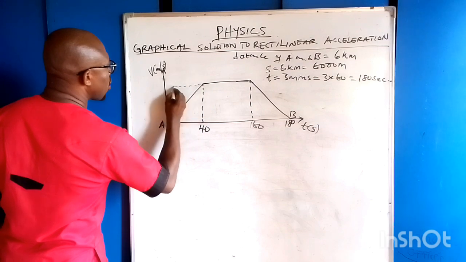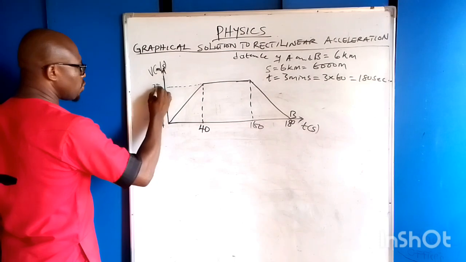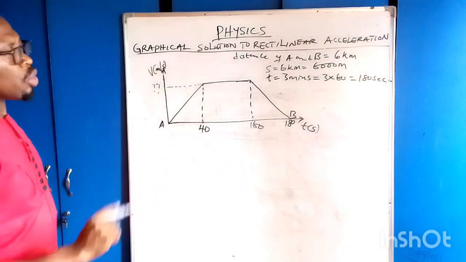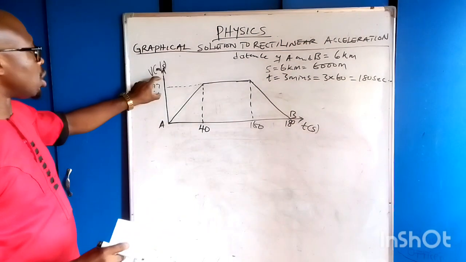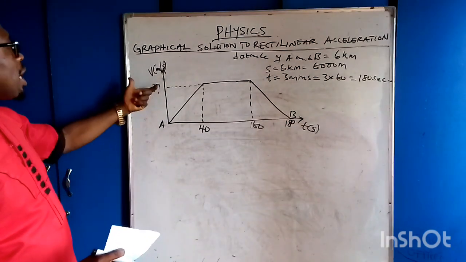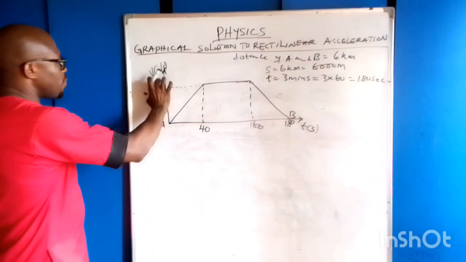This is the diagram of the motion. Remember, they didn't give us V, so we need to find V. This V here is not given. So that is the second question they asked us to get. They said maximum speed. So this is the maximum speed or the maximum velocity attainable. Now, how do we get this speed here?